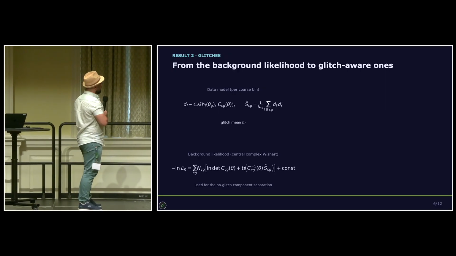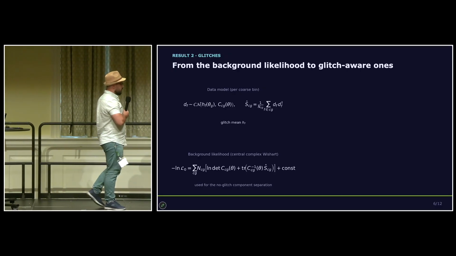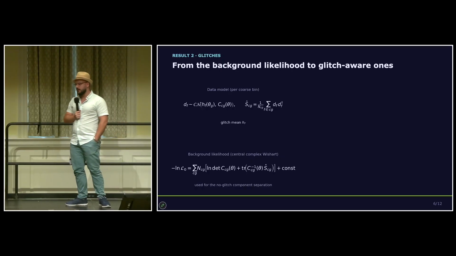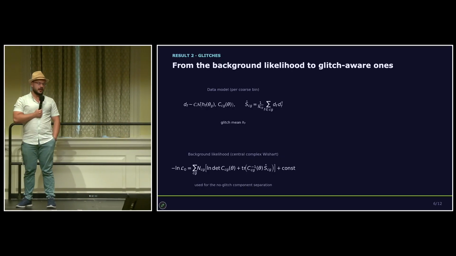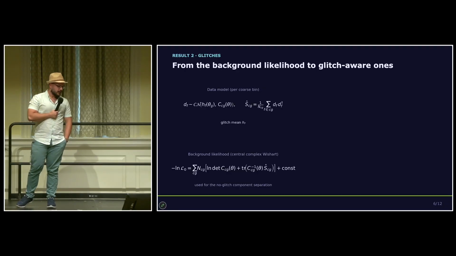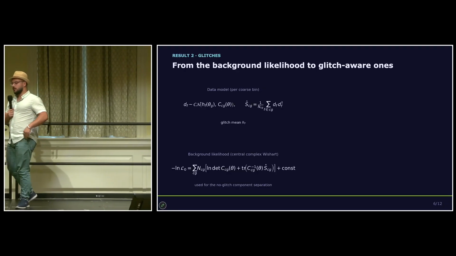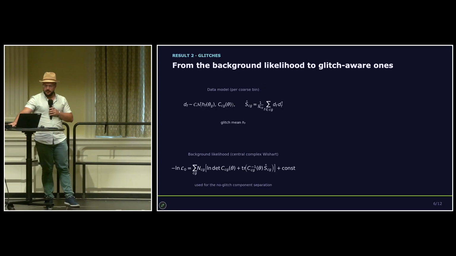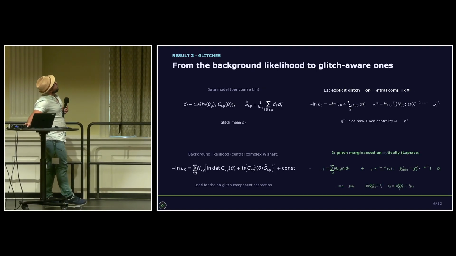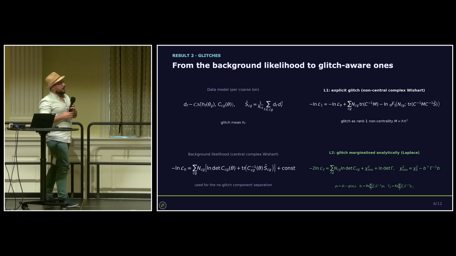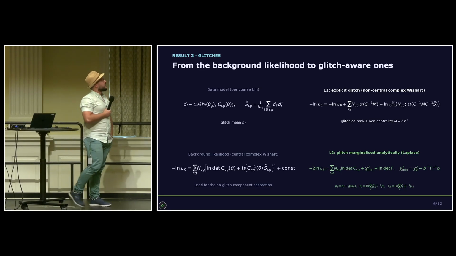As I said earlier, if you just have PSD components, they're Gaussian distributed at the fine frequency resolution. At the coarse frequency resolution, it's a Wishart likelihood that you can write down. It's what's used in the global fit as well. But in my particular case, because I'm interested in, let's say, a glitch on top, you can also write an explicit likelihood that estimates the glitch parameters. That's a non-central Wishart.